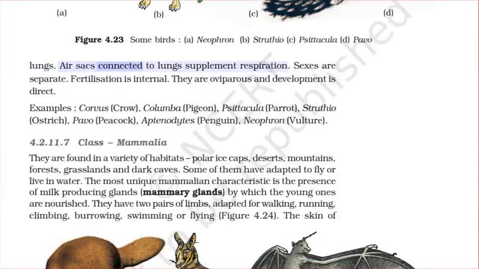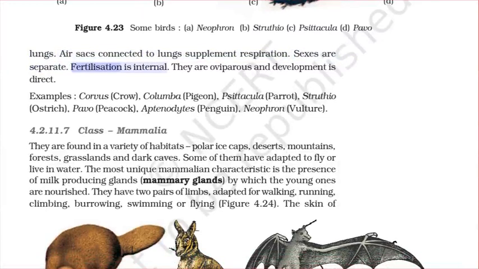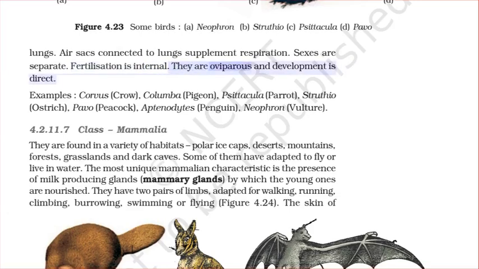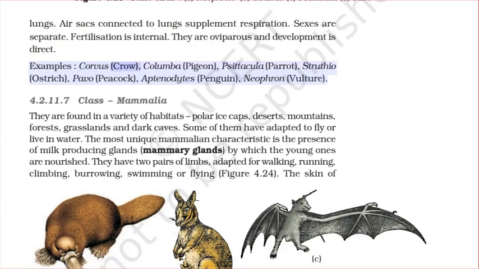Air sacs connected to lungs supplement respiration. Sexes are separate. Fertilization is internal. They are oviparous and development is direct. Examples: Corvus, crow; Columba, pigeon; Psittacula, parrot; Struthio, ostrich; Pavo, peacock; Aptenodytes, penguin; Neophron, vulture.